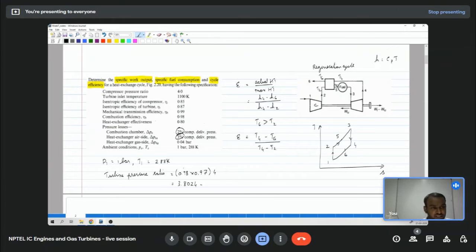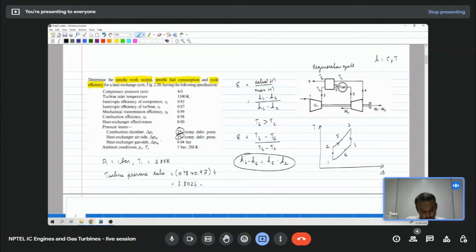So the change in enthalpy in the heat exchanger can be found out, and then we can use that for calculating the enthalpy change between H2 and H5. So across the heat exchanger, H4 minus H6 should be equal to H5 minus H2. So this can be used.